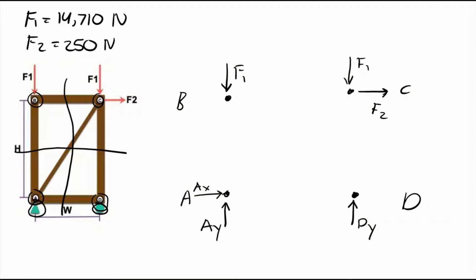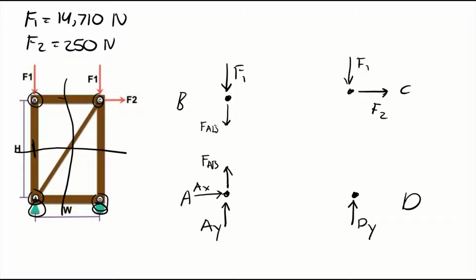Now, these forces are not the only forces acting on these joints. There's the forces within each of the members that are acting on the joints as well. And I'll go ahead and draw the forces from each member at the joints as well. So I'll start with member AB and draw those forces. At joint A, there's a force from member AB, which I will call F sub AB. And then since these are equal and opposite forces, this same force has to be mirrored at joint B. So again, that is F sub AB.